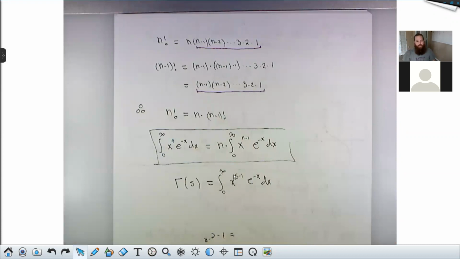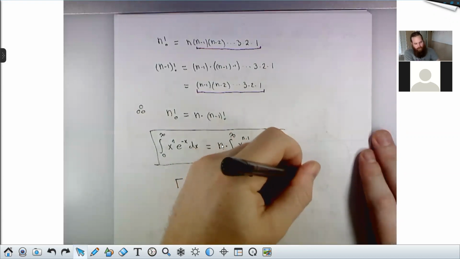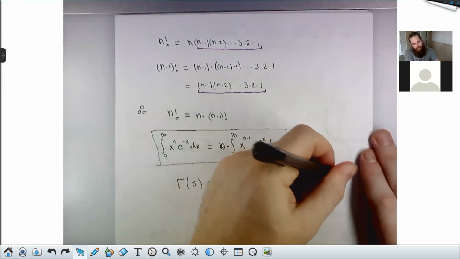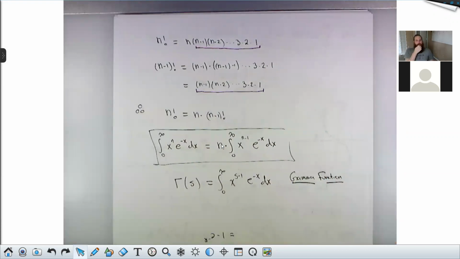X to the n here, x to the s minus 1 here. This is called the gamma function. And it shows up in all sorts of weird and surprising places, in number theory and different bits of analysis. And it's a lot of fun.